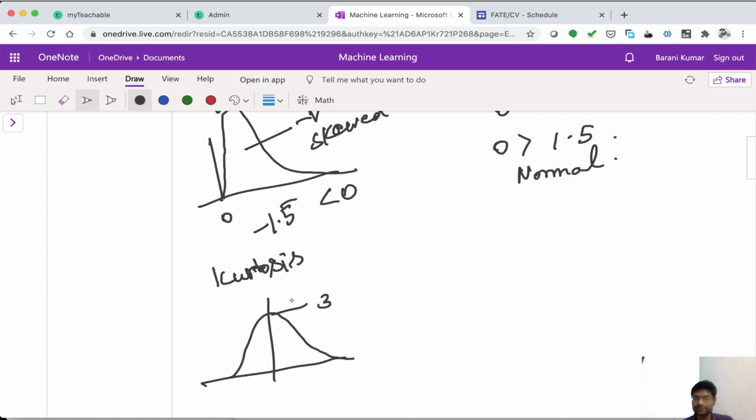My kurtosis gives me a value which can be treated as the height of a particular distribution. If my value is 3, then I can treat it as a normal distribution, and if my distribution is too flat, that means the kurtosis value is very little, say somewhere around 0.5 or something. So this is not normally distributed.